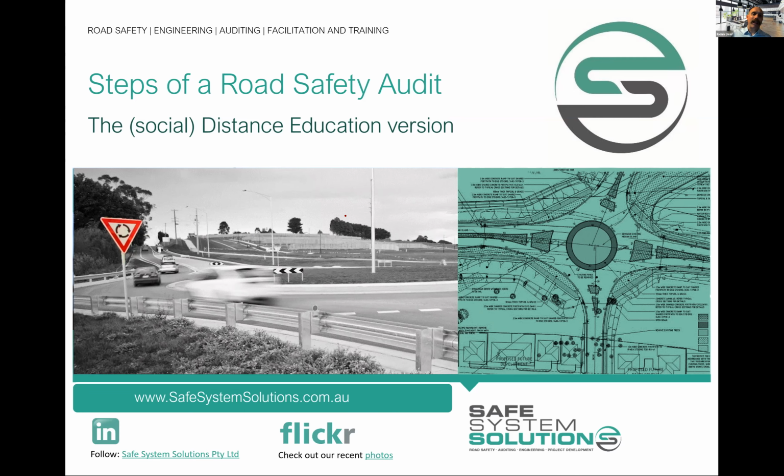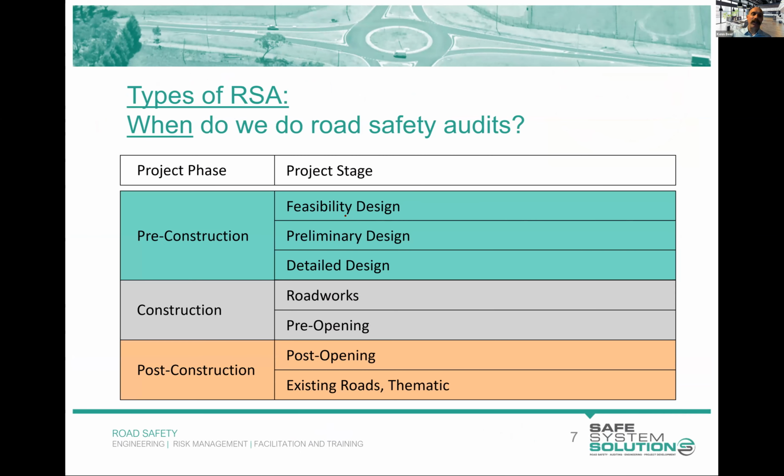So we very briefly touched on this at the end of last session, and we said that there's this road safety audit process we go through, and it can be done at different stages within a project. So we could do the pre-construction before the building.